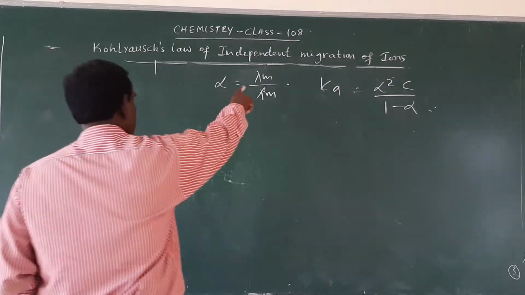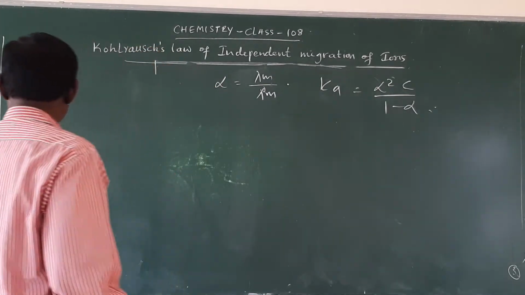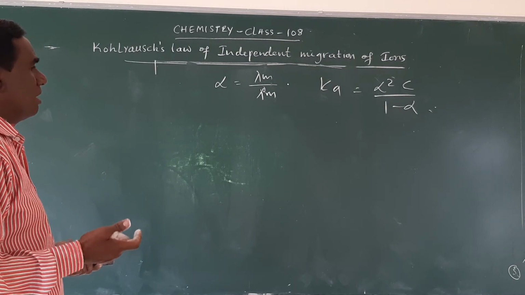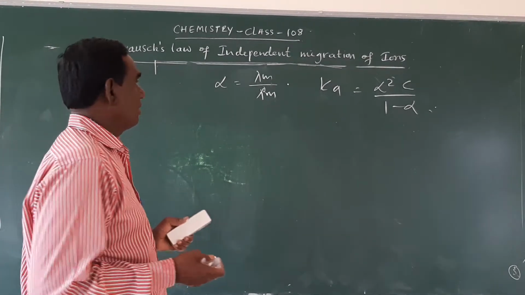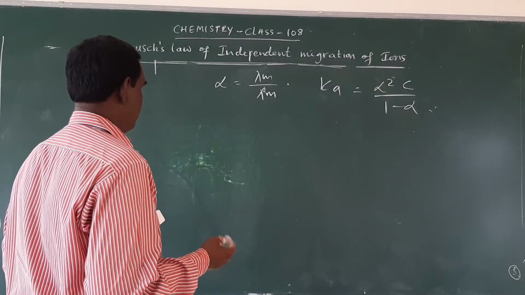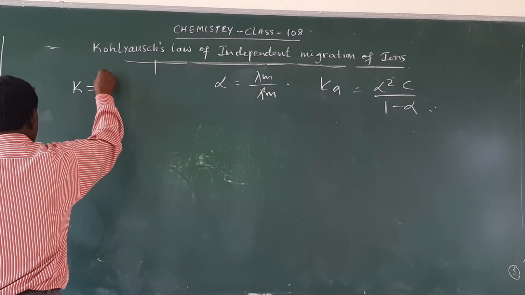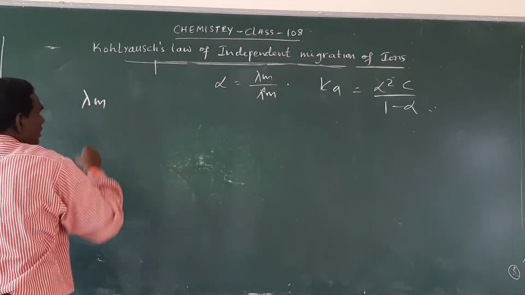Instead of alpha, you have to substitute lambda m divided by lambda naught m. So for this we have to calculate K also, because K is alpha squared C divided by 1 minus alpha. We want this lambda m here.